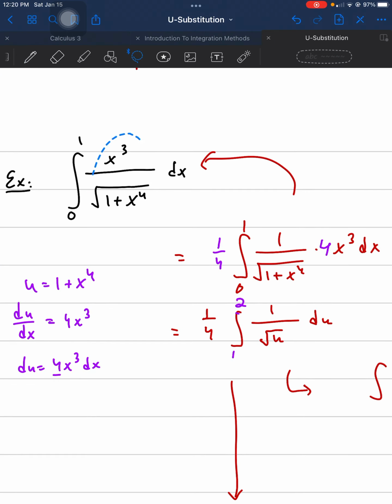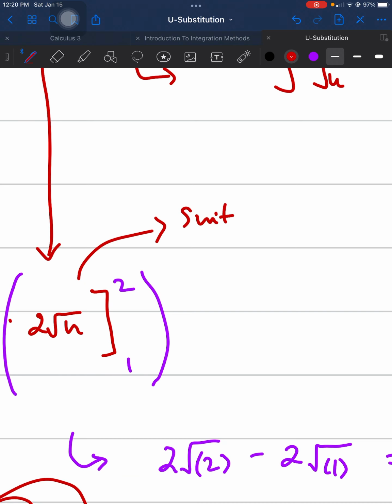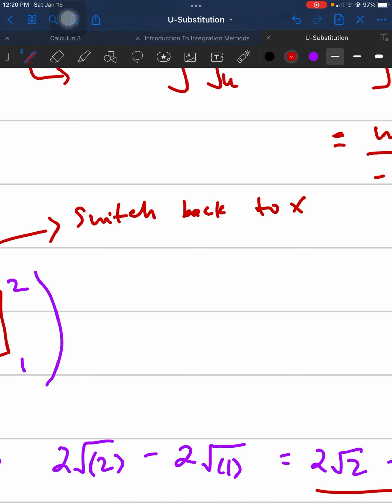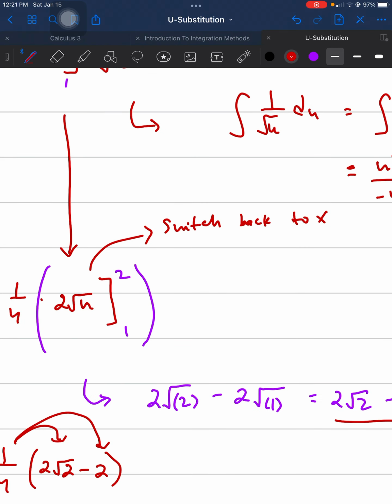So even if we switched everything back to terms of x, say first we did U-substitution, but then at this point right here we switched back to x, we would just be evaluating this, 1 plus x to the 4th.